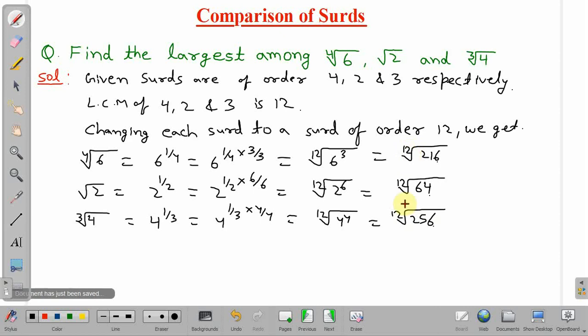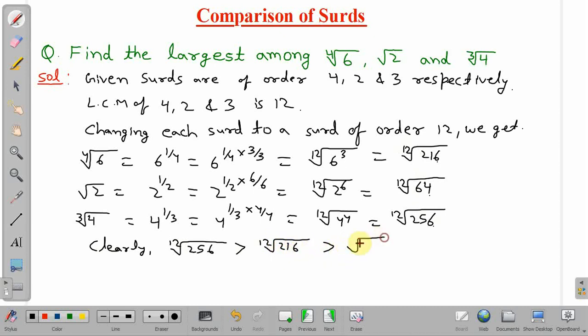Now all the numbers are in the form of surds having order 12, so we can easily compare the numbers. Clearly, the 12th root of 256 is greater than the 12th root of 216, and this is greater than the 12th root of 64.